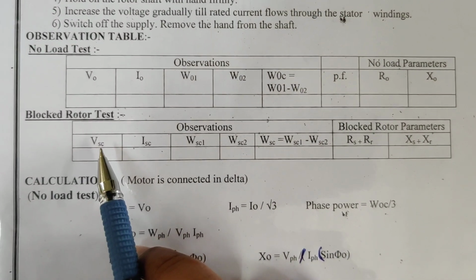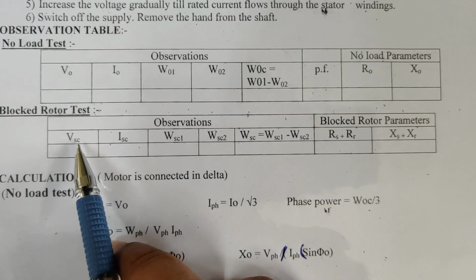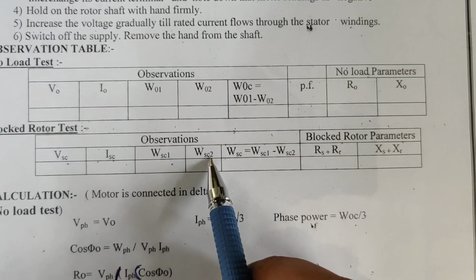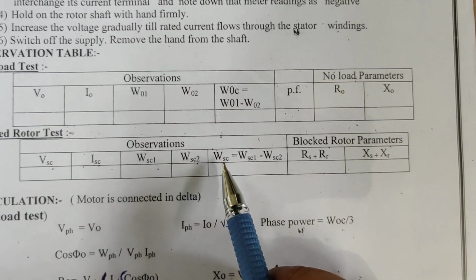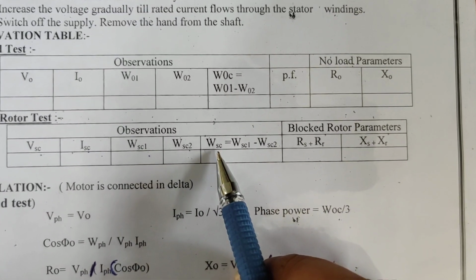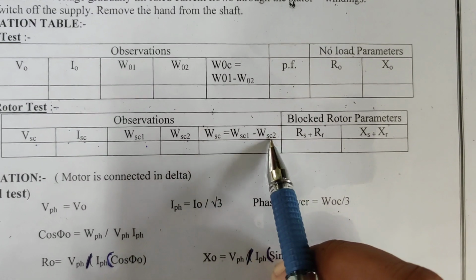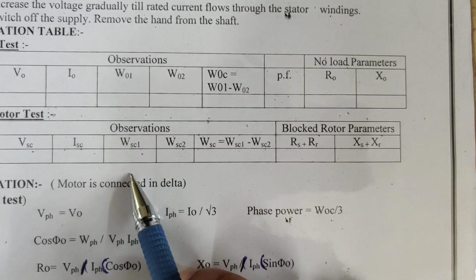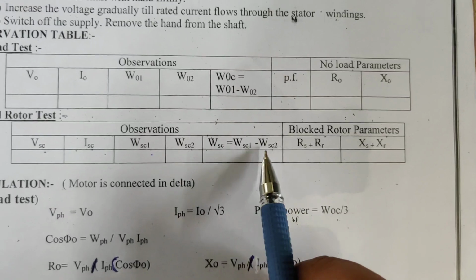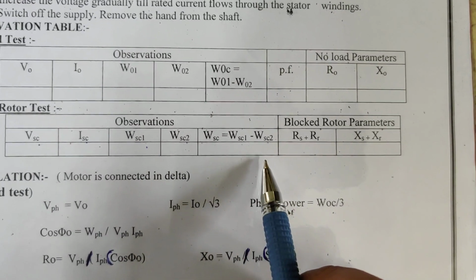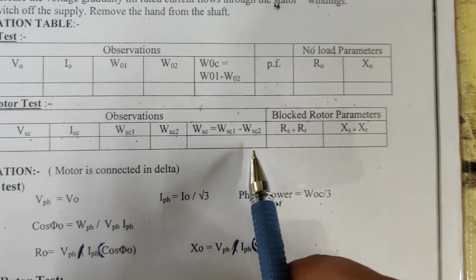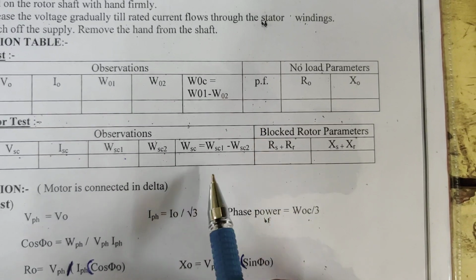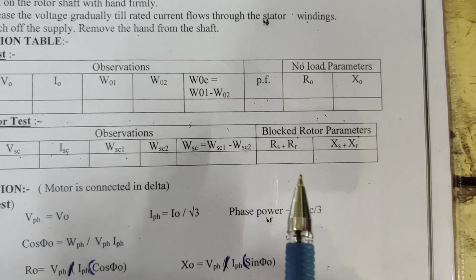In the case of the block rotor test, we have to find VSC, ISC, WSC1, WSC2, and the parameter which was left, WSC, is equal to WSC1 minus WSC2. So it is 480 minus this one, 80. So this will become 480 plus 80. So it is 560 watts.